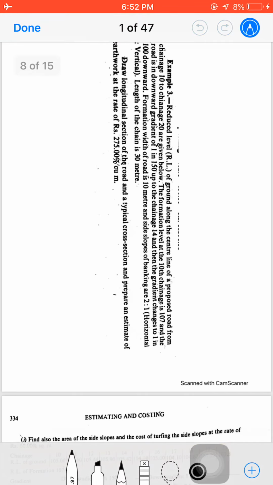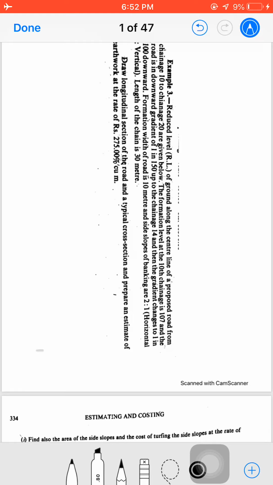Okay, this example. So the reduced level of ground along the center line of a proposed road from chainage 10 to chainage 20 are given below. They have given the reduced RL of the ground.